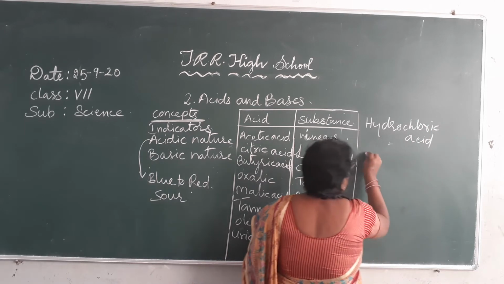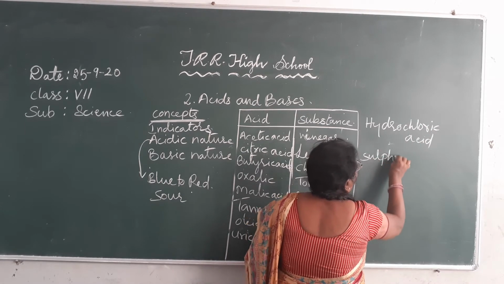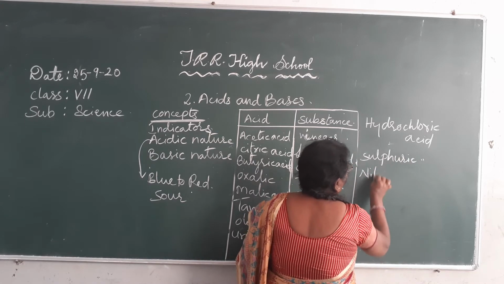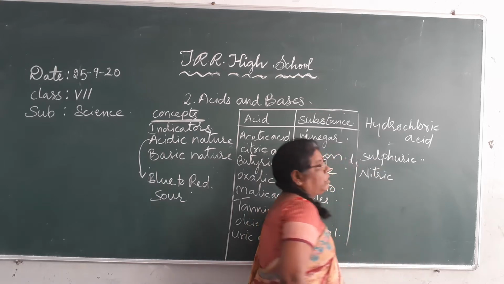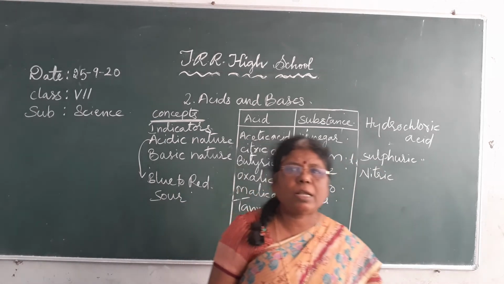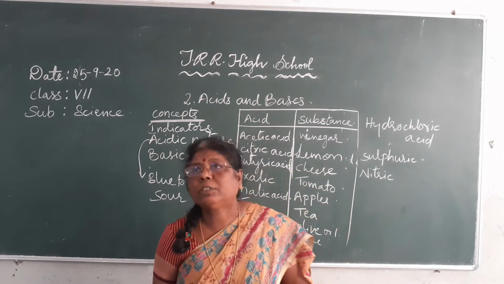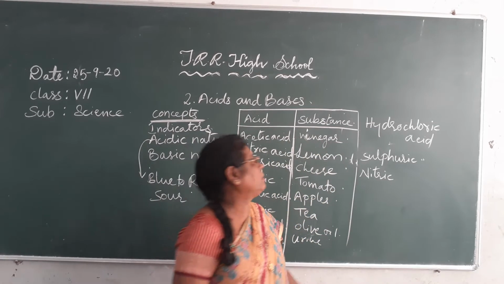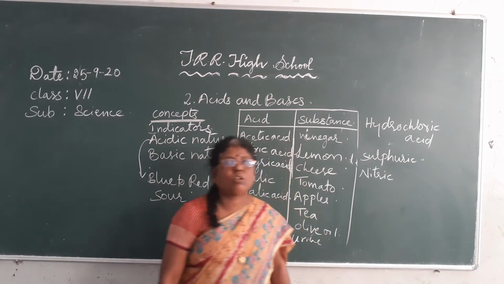Hydrochloric acid, sulfuric acid, nitric acid. These acids are called chemical acids. They are prepared with minerals. They are called laboratory acids also.